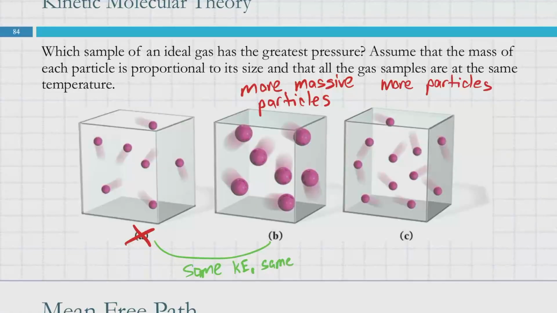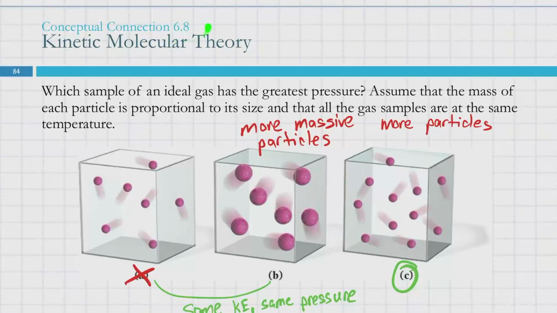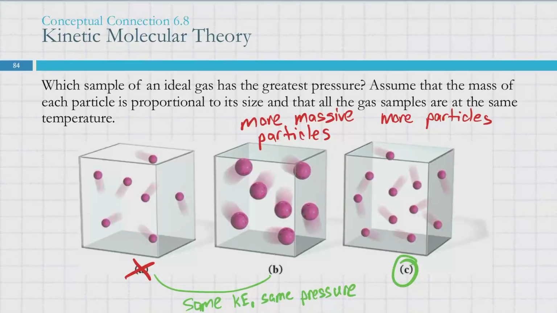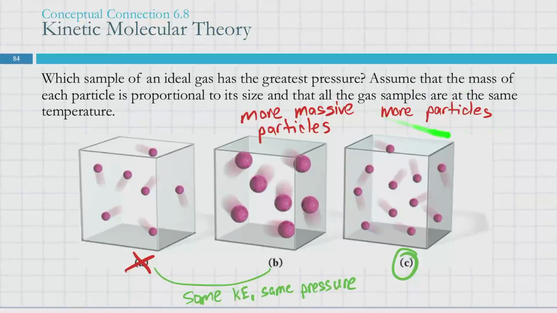So I think they should have the same pressure. So the only one that's different really is C because it has more particles. And since we have more particles, we've got more pressure. You could check in your book Conceptual Connection 6.8, and I'm guessing that'll be the same answer. So it's C because we've got more particles.